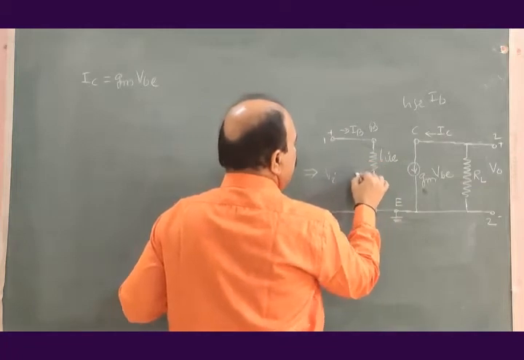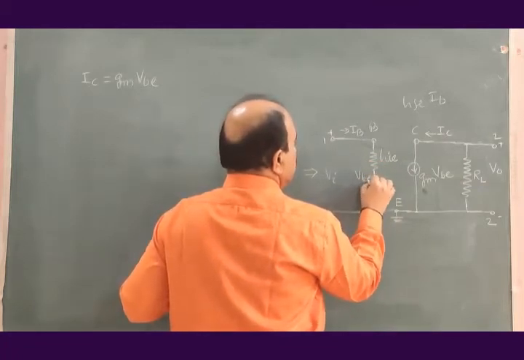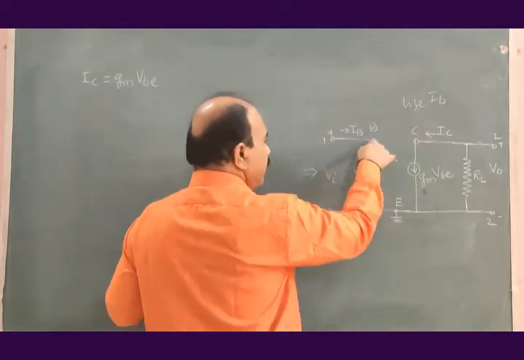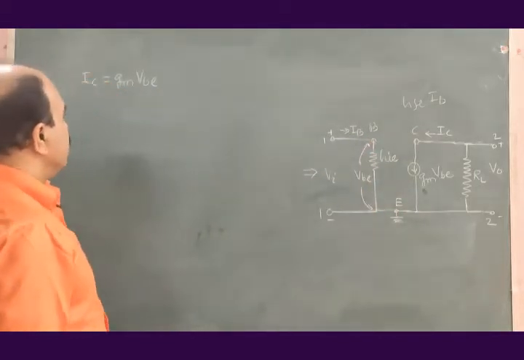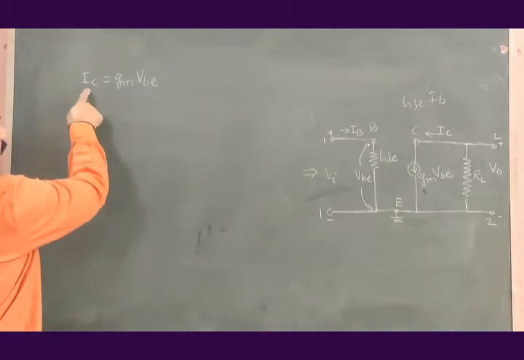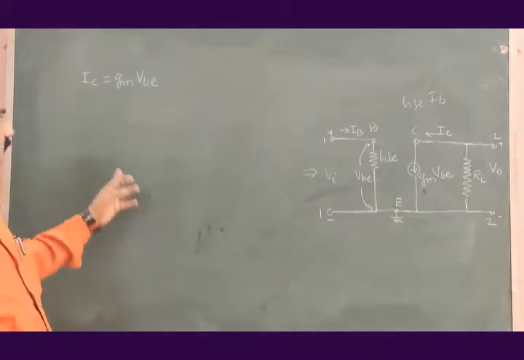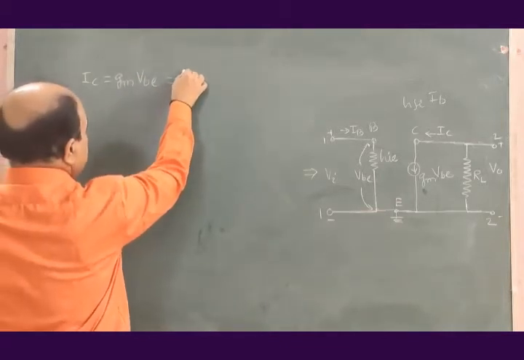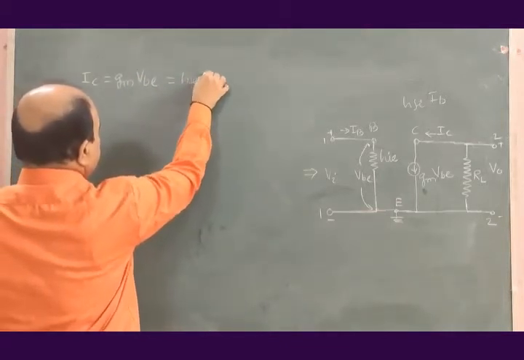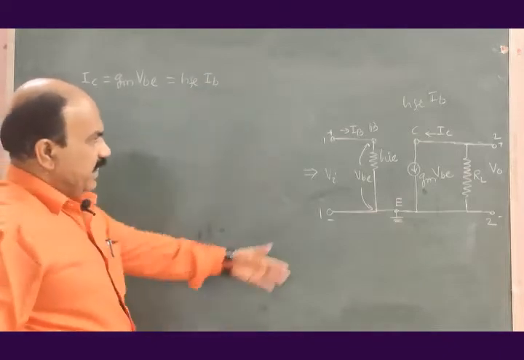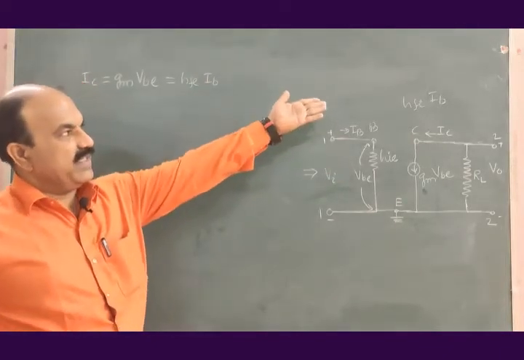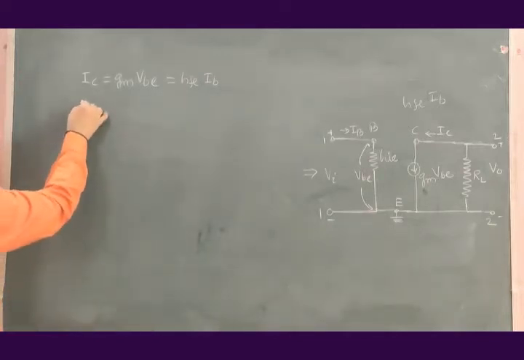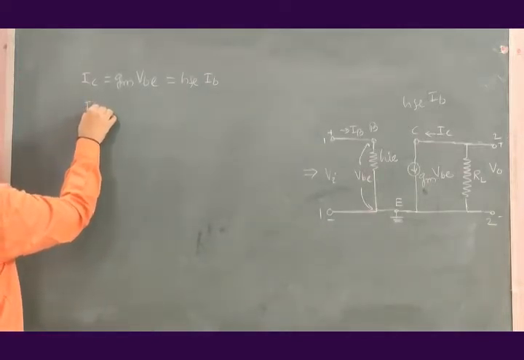So I may write here VBE this way, voltage between base to emitter. Output current is collector current, which is equal to GMVBE. You can also write this as HFEIB, as I told there, and I have written it there. What is input current? Input current is base current IB.